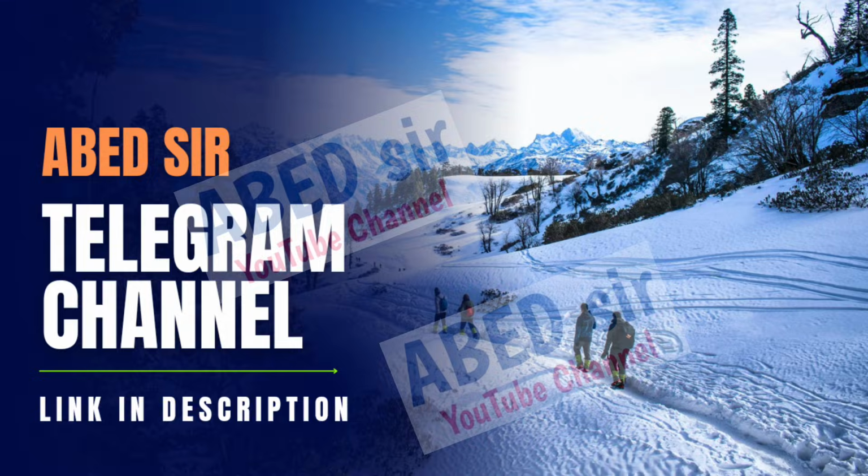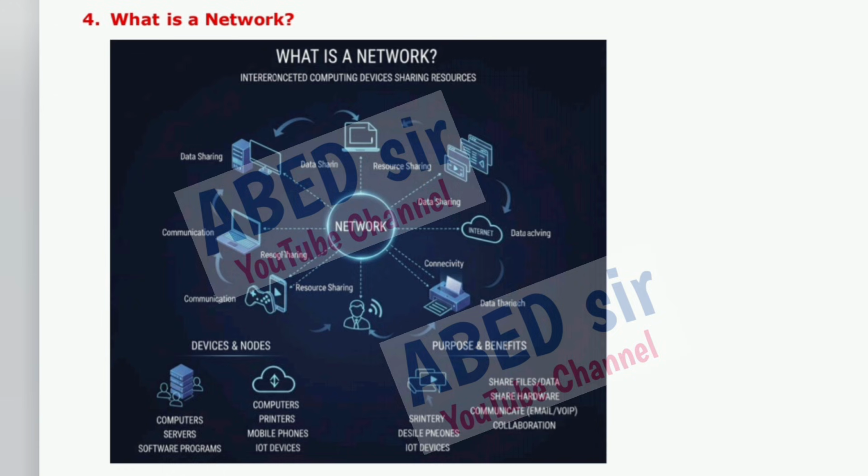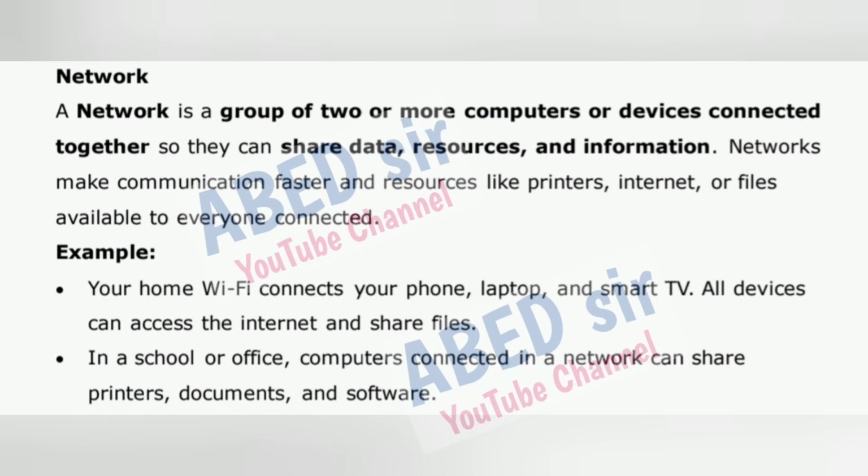Next important short question is 4. What is a network? Network. A network is a group of two or more computers or devices connected together so they can share data, resources, and information. Networks make communication faster and resources like printers, internet, or files available to everyone connected.